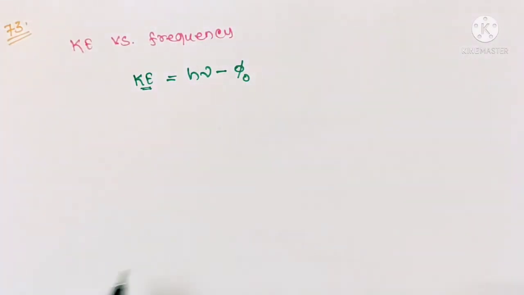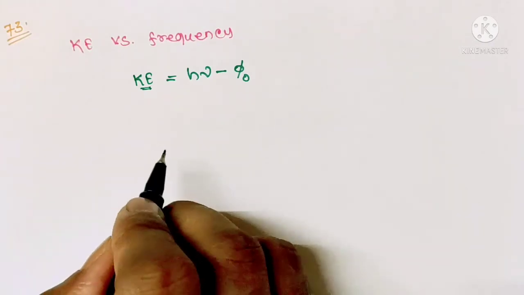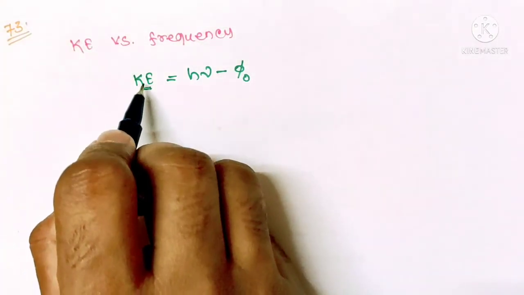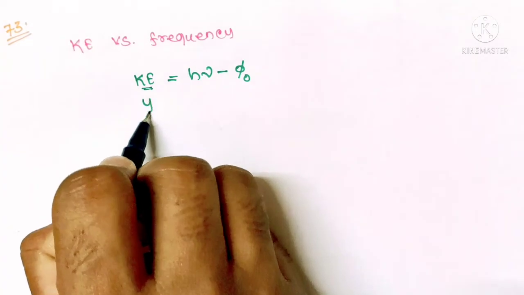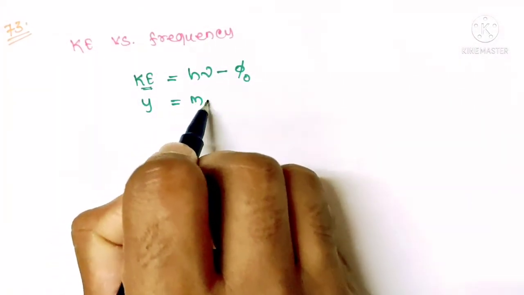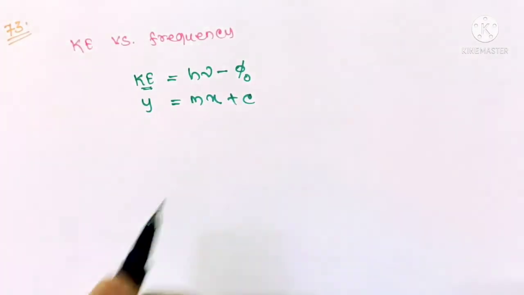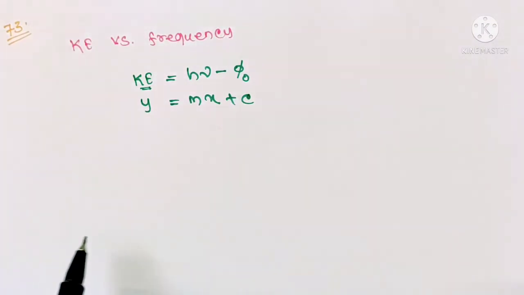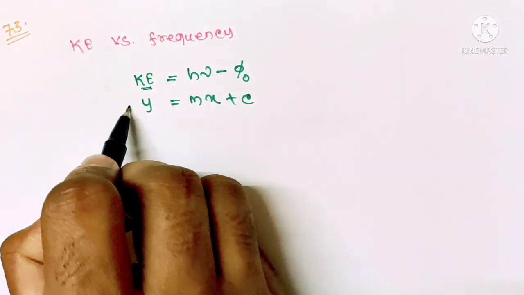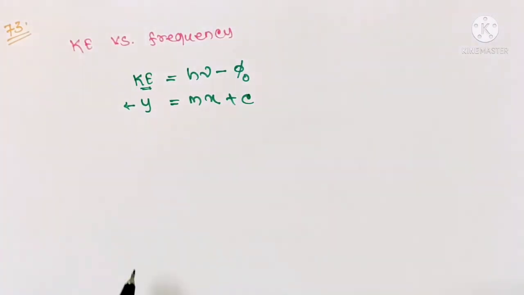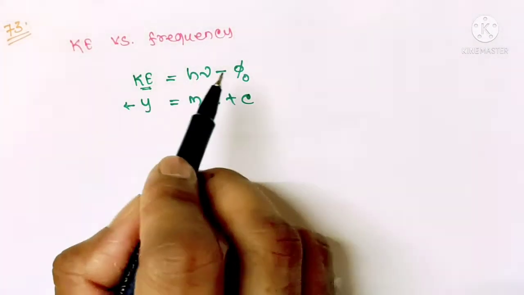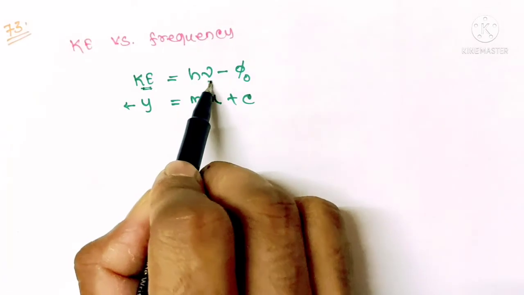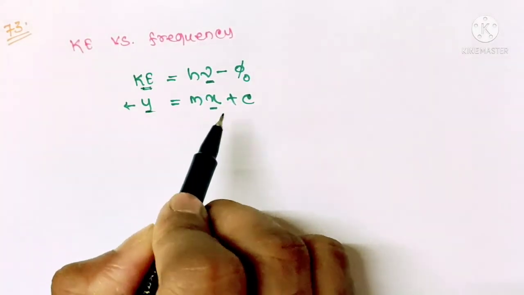This equation is similar to y equal to mx plus c, where c is the y-intercept. We know this is an equation of a straight line, so the graph between kinetic energy and frequency, that is y versus x, will be a straight line.